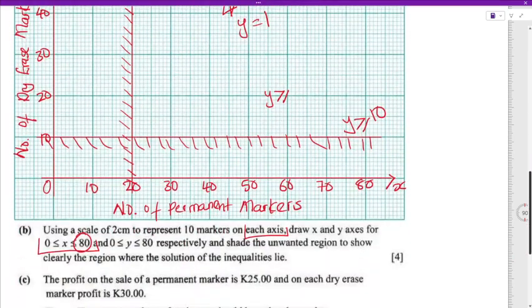Now here lies the tragedy. Where is y equal to 1? This is 0 and this is 10, and there are 10 boxes in between, so one box is equal to 1. If you count, this is 0, 1, 2, 3, 4, 5, 6, 7, 8, 9. So y equal to 1 is this small line here.